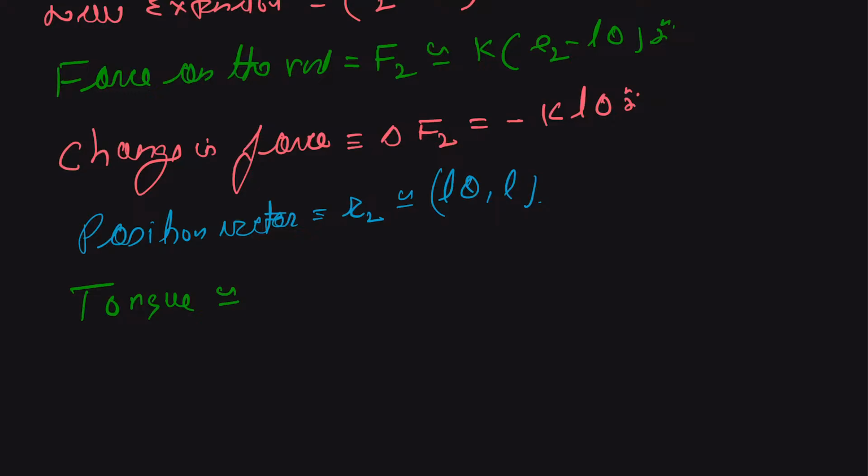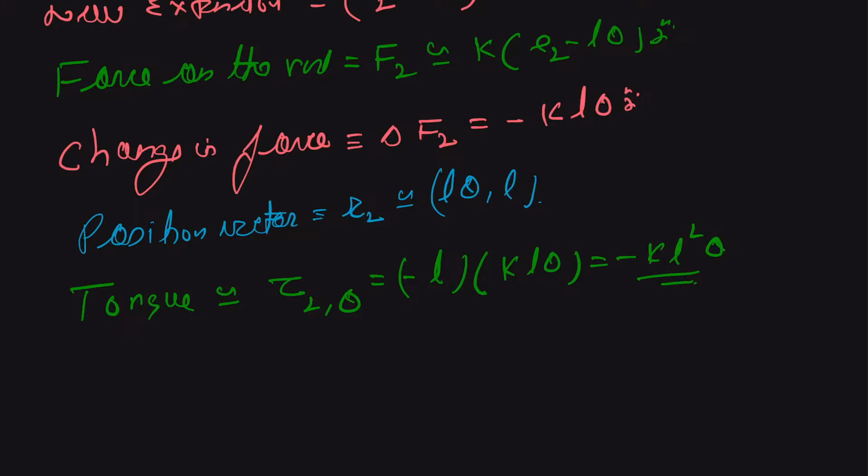So the torque, which is our tau 2 with respect to angle theta, will be minus L times k L theta. So this gives us minus k L square theta.